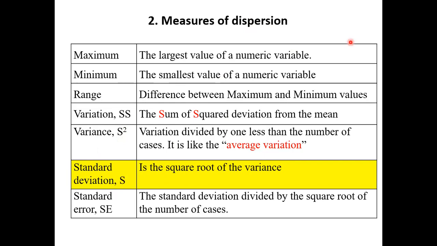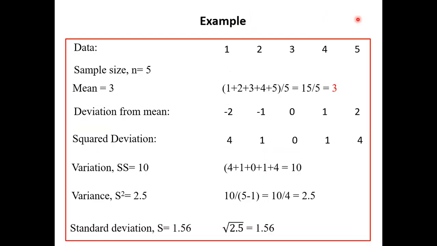Right? Example. Look at example 1, 2, 3, 4, 5. I will skip this. The standard deviation is 1.56. These are done step by step. I don't have to know all this because later we use SPSS, put the data in, click some buttons, and we'll know what the standard deviation is.